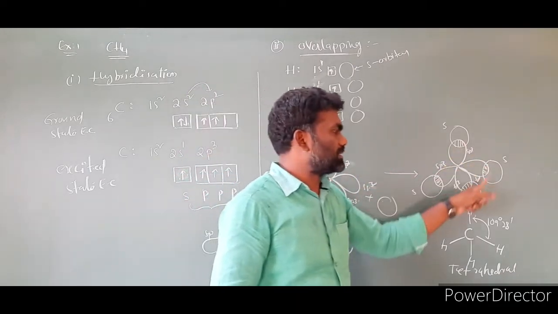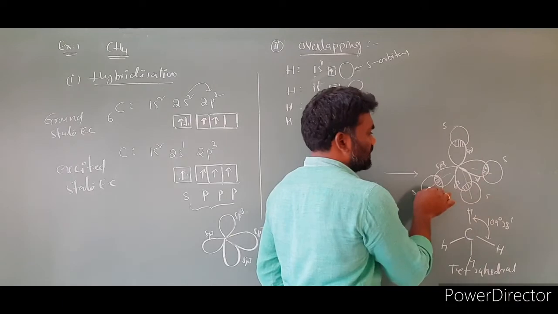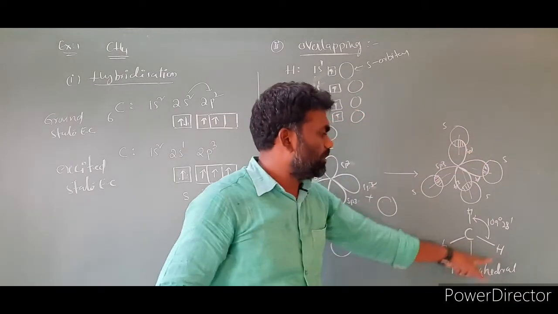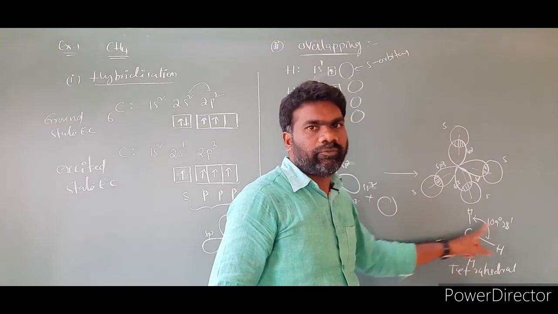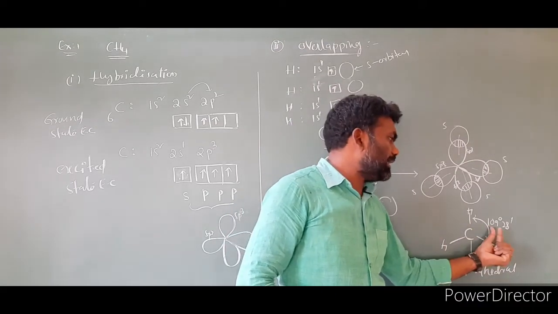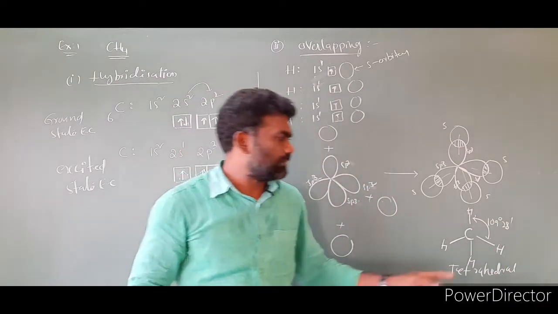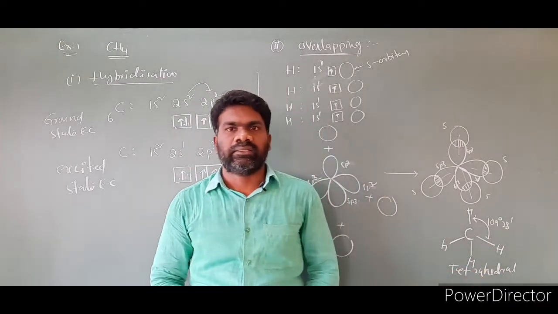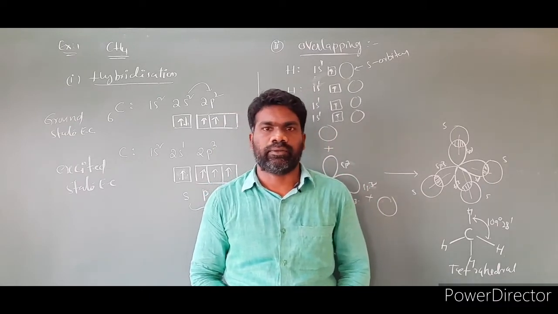After overlapping we got this structure: this is the first bond, the second bond, the third bond, the fourth bond. We make 4 bonds, 4 hydrogens with 1 carbon. The angle between any 2 hydrogens is 109 degrees 28 minutes. The shape of the molecule is tetrahedral. This is sp3 hybridization of the CH4 molecule.